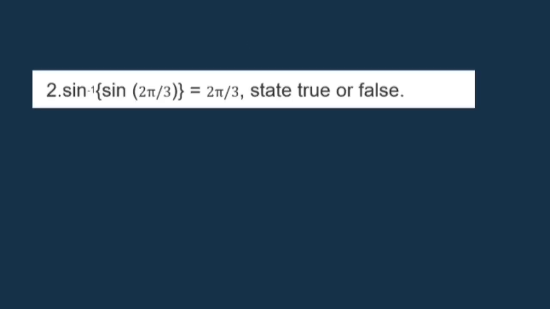Sine inverse sine 2 pi by 3. So for sine inverse sine theta, what is the condition? Theta must be between minus pi by 2 and plus pi by 2.